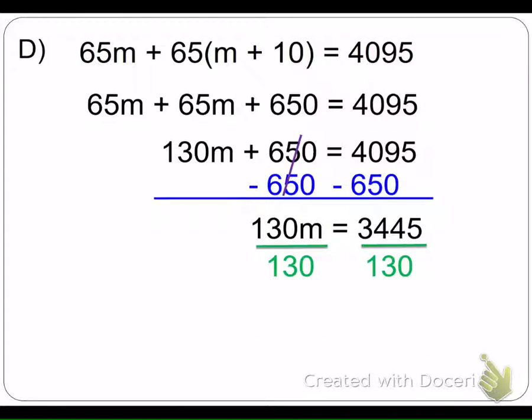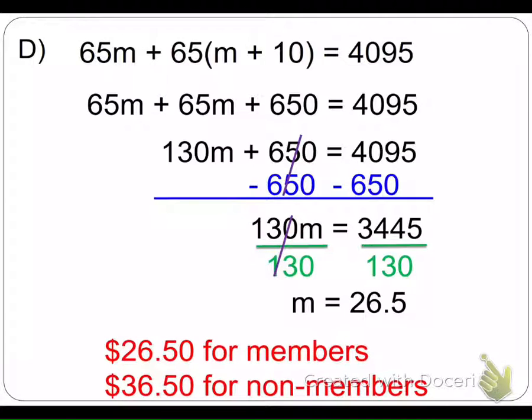So on the left, we're just left with M. Anyone have M's value for me? 26.5, which when we're talking about money is 26.50. That's the cost for members. If you look back at your chart, the cost for non-members was M plus 10. So 36.50. When they ask you for both, you need both or you're not going to get all your points. Okay, so pay attention to what they're asking you for.